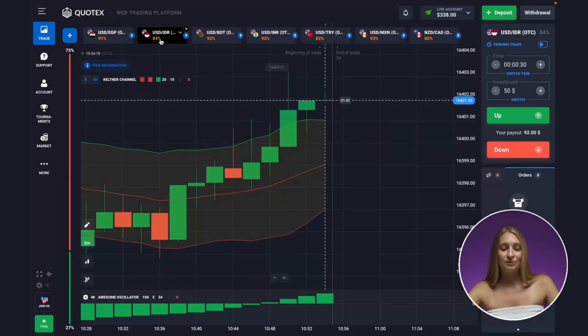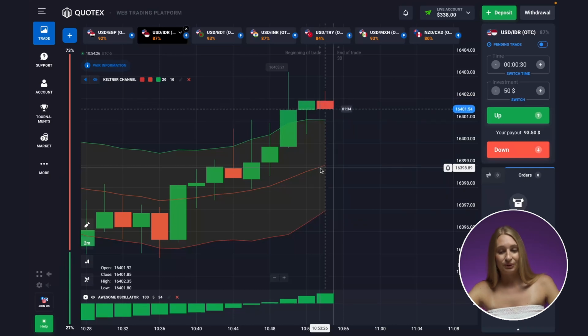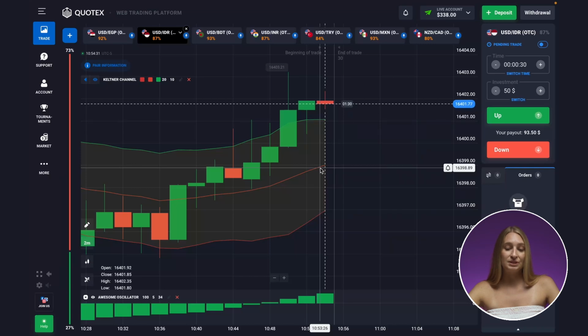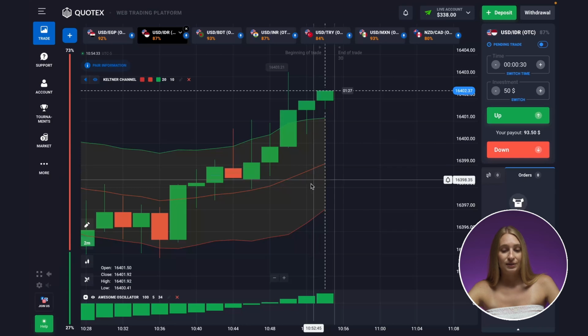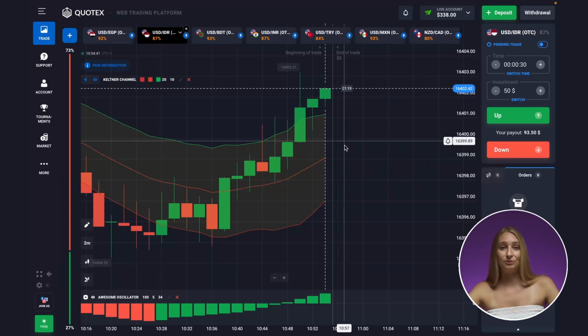The first point of my strategy is to determine the trend direction using the Keltner channel. If the price is above the central moving average and moving upwards, the market is probably in an uptrend. If the price is below the central moving average and moving downwards, then the market is probably in a downtrend.